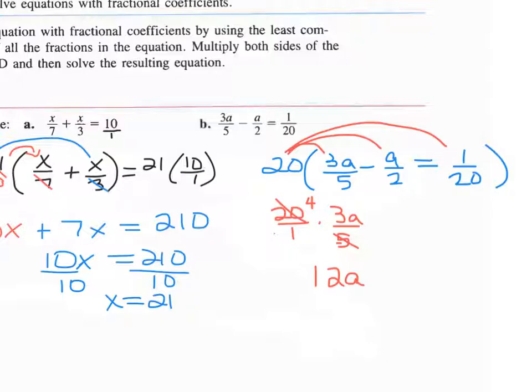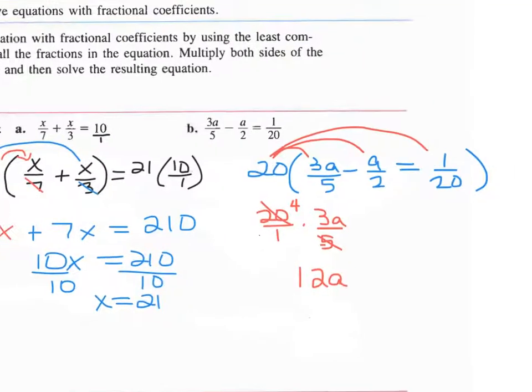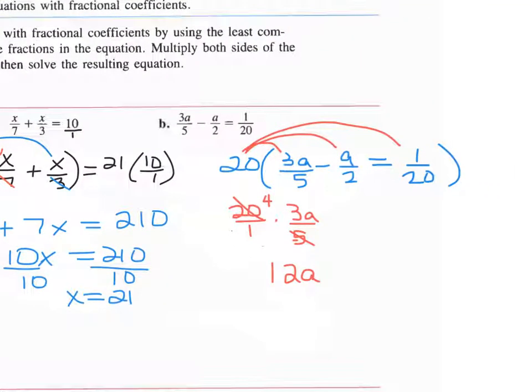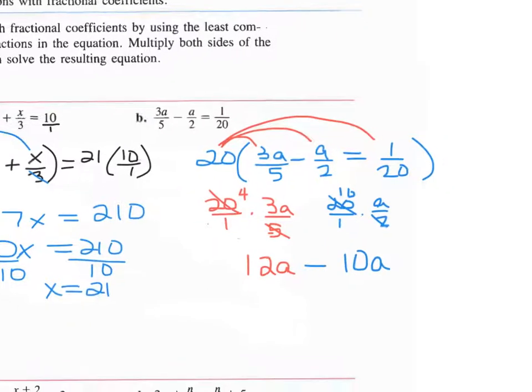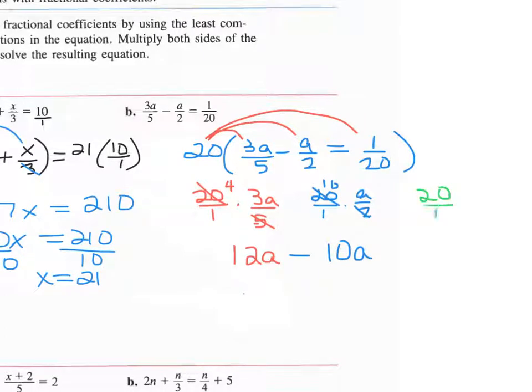So if it helps you to see it that way, and you can write them side by side, you can. Then for the next one, you're going to multiply the 20 over 1 times the a over 2. Again, this can simplify, become a 10. And then this would become minus 10a. And then the last one, 20 over 1 times the 1 over 20.